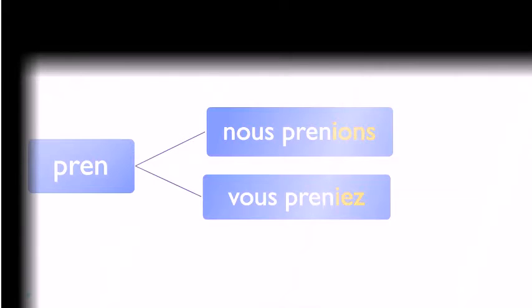All right, so if we think carefully, ending I-O-N-S for nous, I-E-Z for vous. Okay, if you remember, it looks quite familiar because it's the ending as well for the imparfait form that we saw a while ago. Okay, so let's have a look now, the full thing.